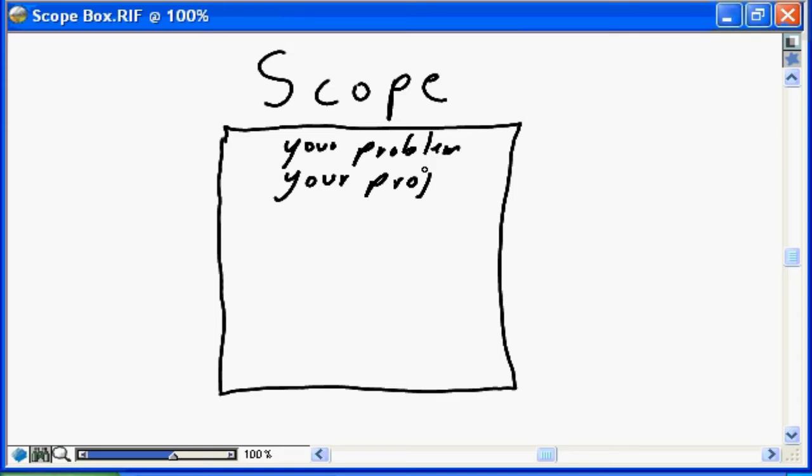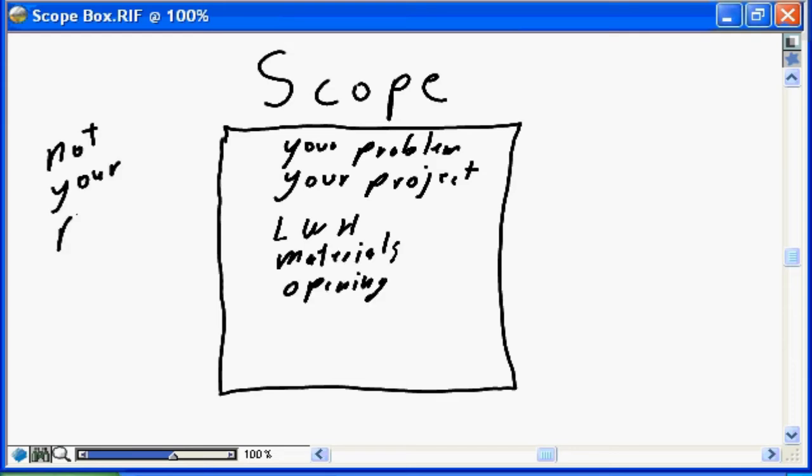We determine the materials. We determine the opening. Now, I'm not going to list the nots out here, but everything outside the scope, not your problem. Not your project.